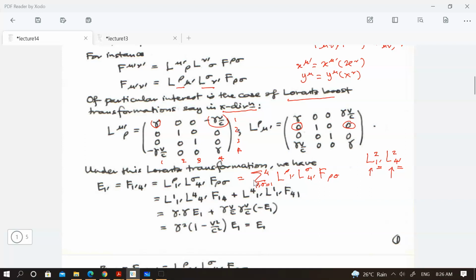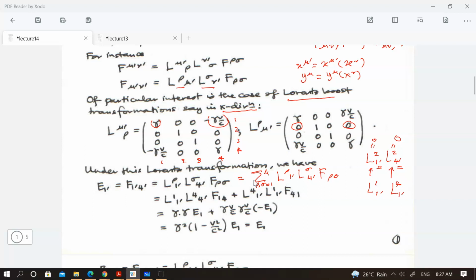So both of these are zeros. Let me just write that down. You must have either L1 dash 1, which in this particular case would be gamma, or L1 dash 4, and that would be gamma V on C. So if you put this in, then you have the following.